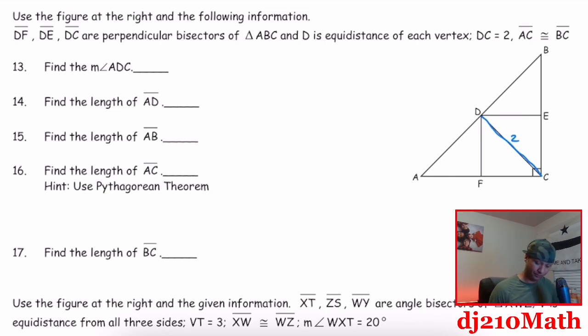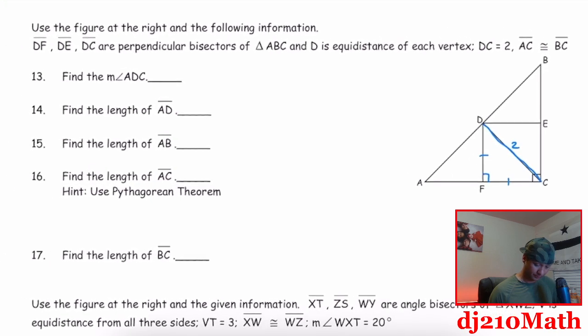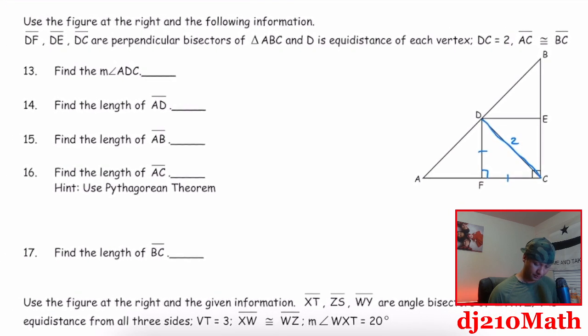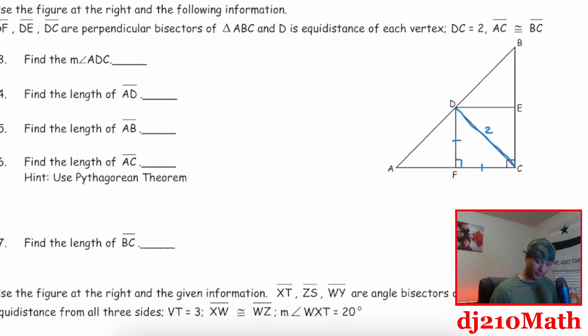Let's do this. I know that this is a right angle. I feel like this is a square. You know what? It is a square. Because if it is a perpendicular bisector, I know it's kind of off, but these angles are going to be congruent, which means they're going to cut it in half.